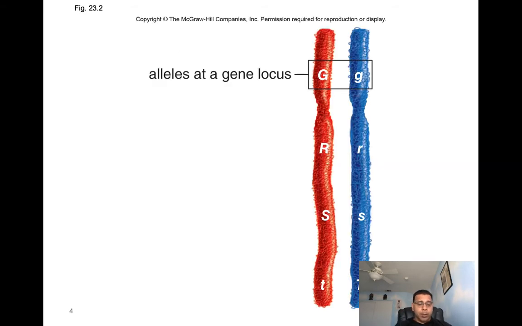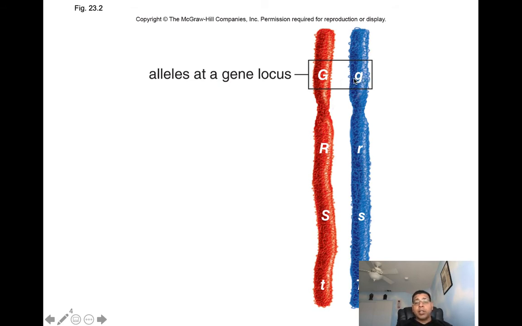Here in this figure, we can see a picture of a red chromosome and a picture of a blue chromosome. The letters on the homologous chromosomes stand for certain alleles. Here you can see a capital G and a lowercase g. This capital G is an allele of this lowercase g, and vice versa.